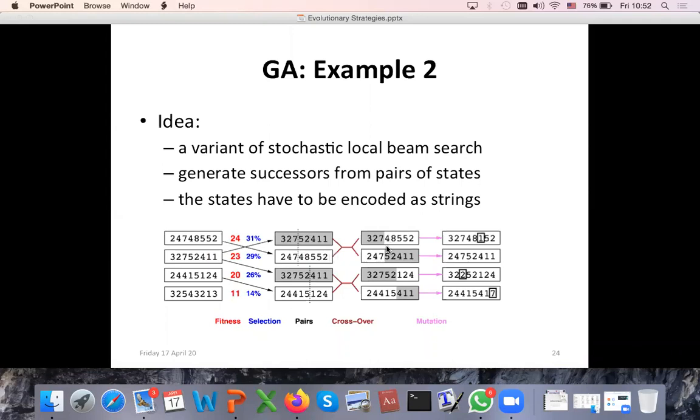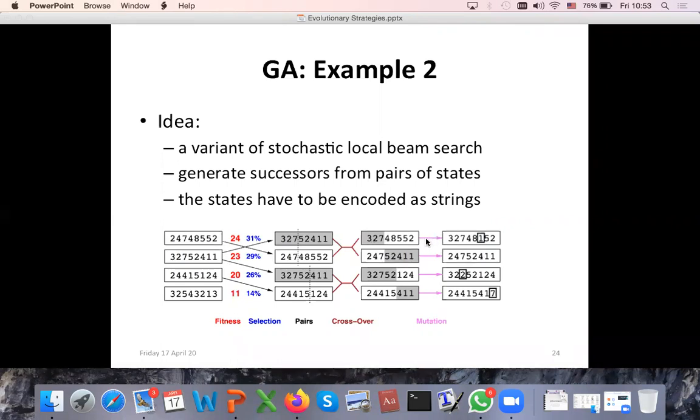And this is what you are getting here: 3 2 7, and then 4 8 5 5 2, and then 2 4 7, and then 5 2 4 1 1. And you have to do the same with these members.